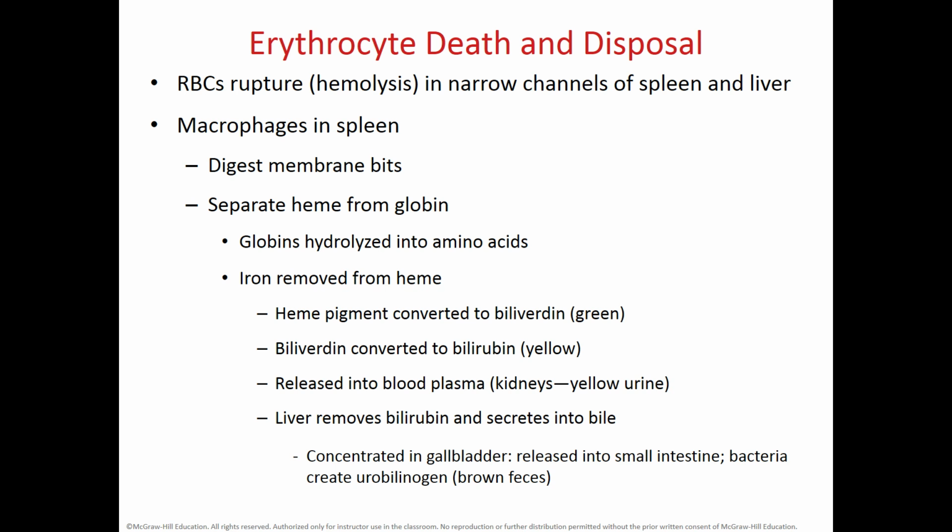It's going to make bile, and this bile is going to go into the gallbladder, a little pouch that we have under the liver, that is going to concentrate this bile, and this bile is going to be released into the small intestine, and then pass to the large intestine, so that bacteria within the large intestine can create this pigment, urobilinogen, that is going to give a brown color to the feces.